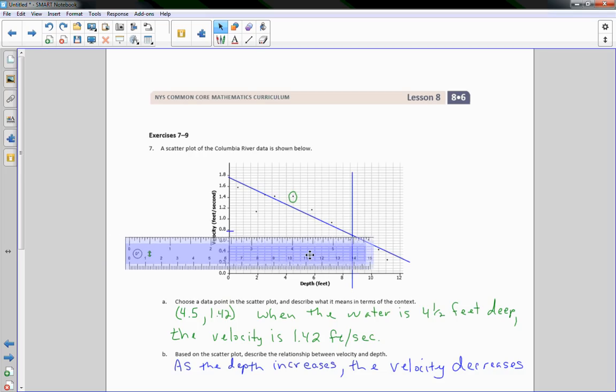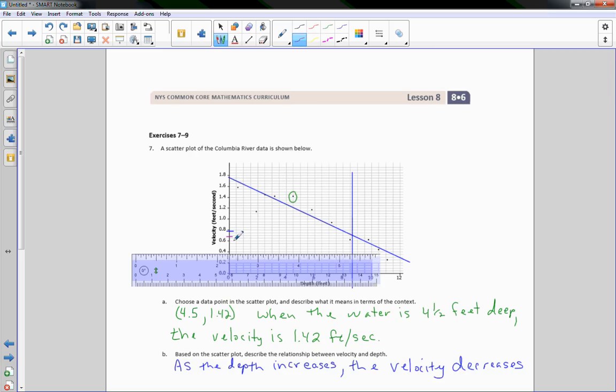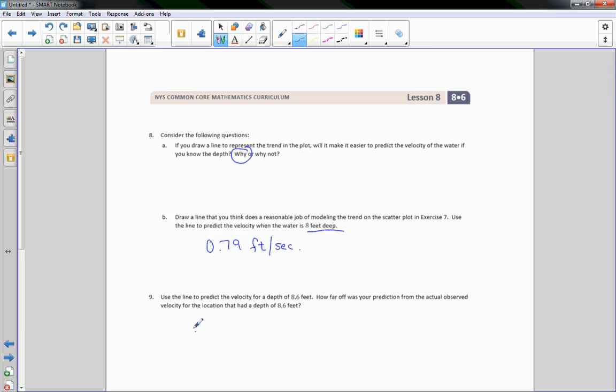And if I bring my ruler over here, then I am down here at 0.6, I don't know, 68. Let's say that's about 0.68. So I'd say 0.68 feet per second.